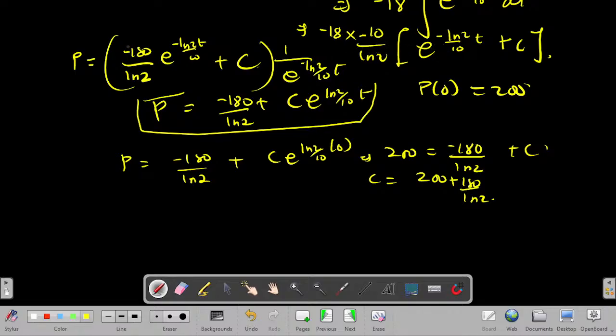So there should be a positive sign here, and a positive sign here. Good. So I have 180 over ln 2, right?